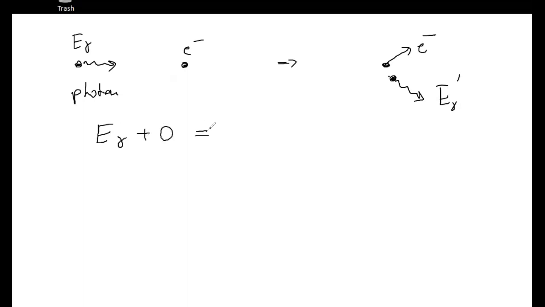So if I try to write the energy conservation law, this is the energy of my initial light plus the stationary electron. Then the electron will acquire some energy. Then there is no problem explaining that the energy of scattered light should be less than the initial energy, because you simply have the energy conservation law.